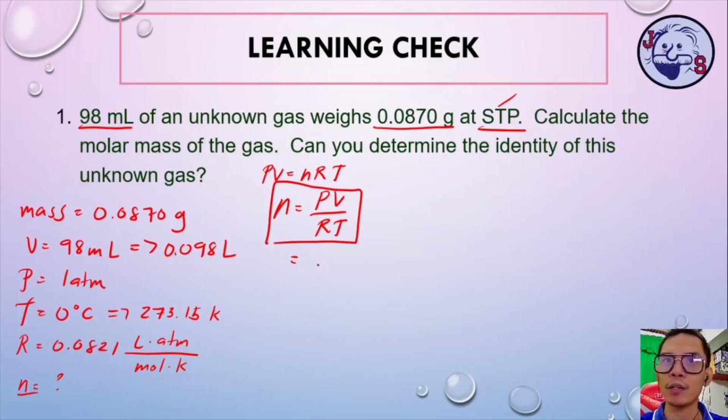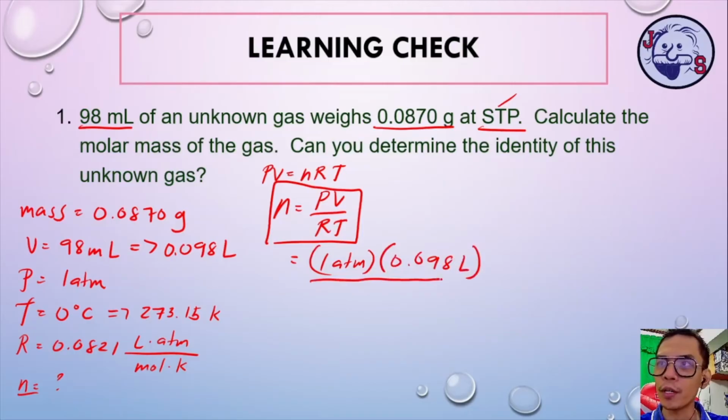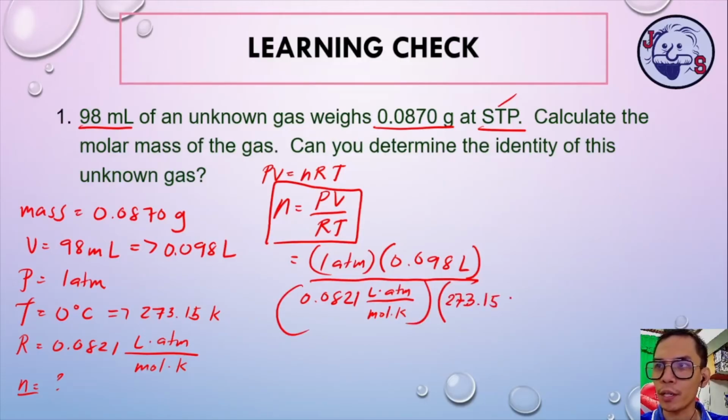Let's plug in all those values. We have 1 atmosphere and the volume is 0.098 liters, over the R, which is 0.0821 liters atmosphere per mole Kelvin, times the temperature, 273.15.